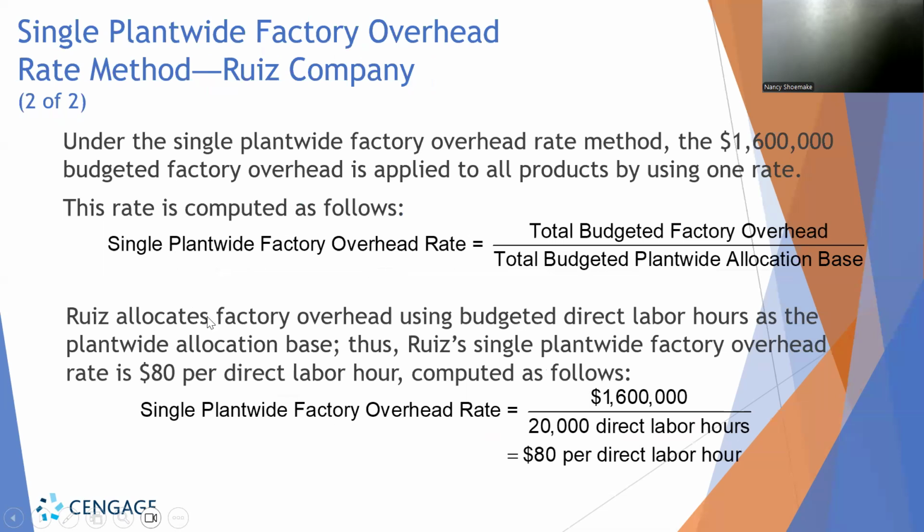If we estimate our budgeted factory overhead to be 1.6 million, and we estimate our direct labor hours to be 20,000 hours, we can just figure, okay, $80 per direct labor hour is what we'll allocate to each piece of equipment we're building. And if it's 10 hours each, roughly that's $800 just in factory overhead. Make sense?